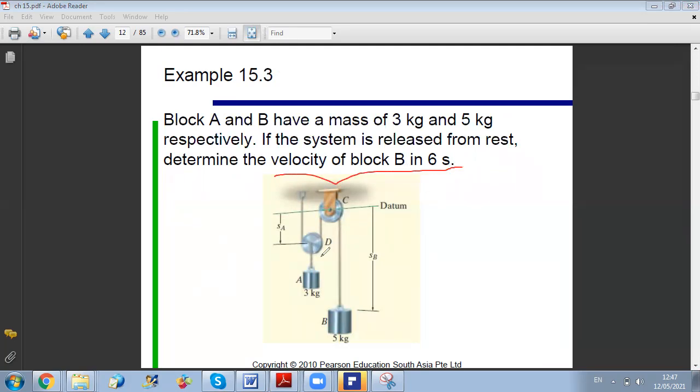So for this problem, we have solved a similar problem in chapters 12 and 13, but you have seen that the method was long because we had to take the free body diagram of A, the free body diagram of B, the free body diagram of the pulley to solve for several unknowns, because you have acceleration of A, acceleration of B, and the tension in the cords. So first we should relate the tensions through the pulley.